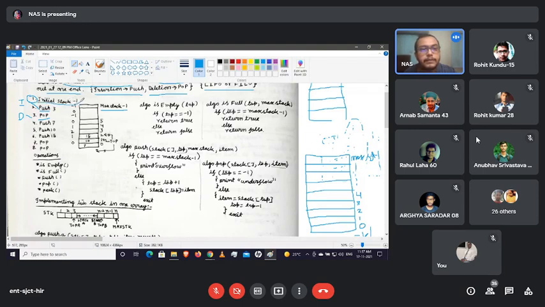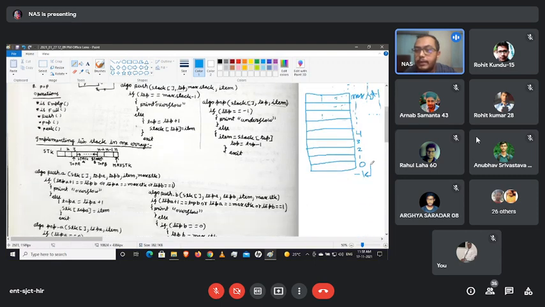Why? It means the total stack is empty. Right now the pointer is at minus 1 position, but there can't be any minus 1 position, so the pointer is showing a void position. That means the stack is totally empty.